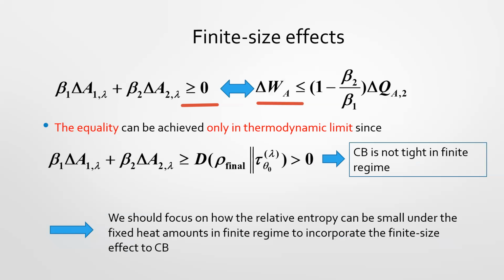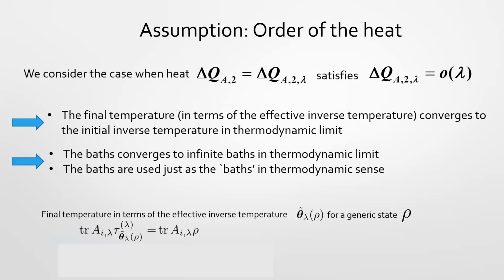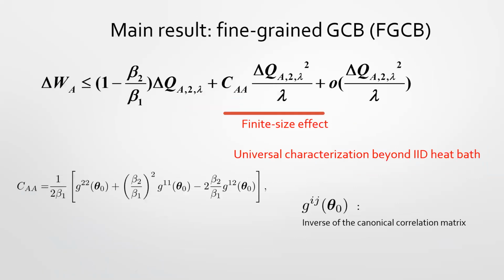Okay, thank you. So can I ask a question? Can I see your main result? There are two main results. First, this is the one conserved quantity case. Okay, so I would like to understand the finite size effect term.